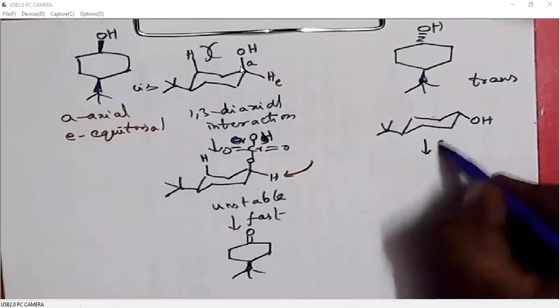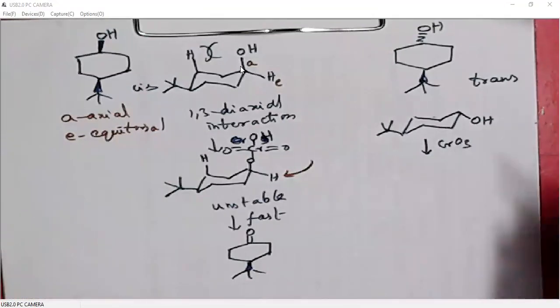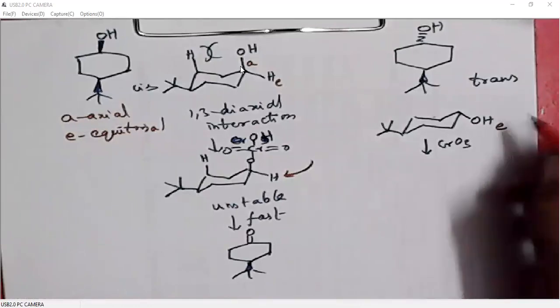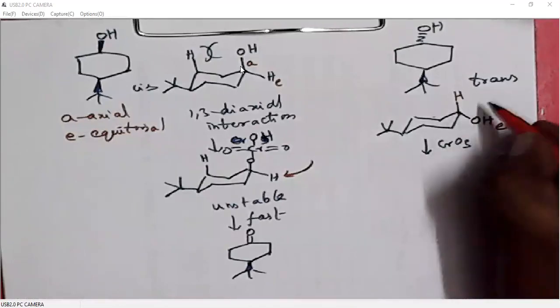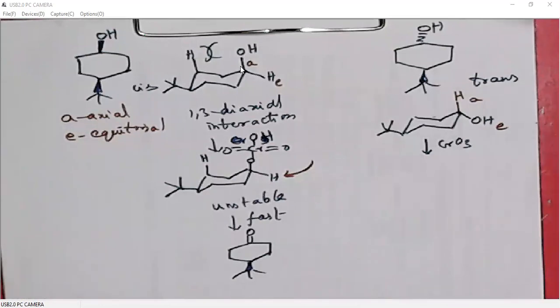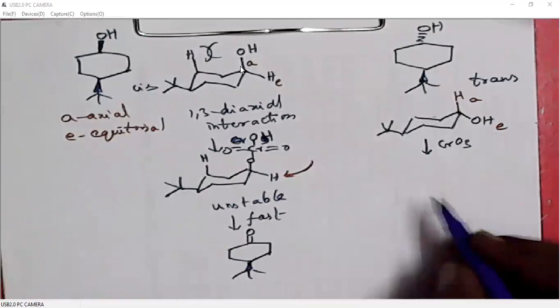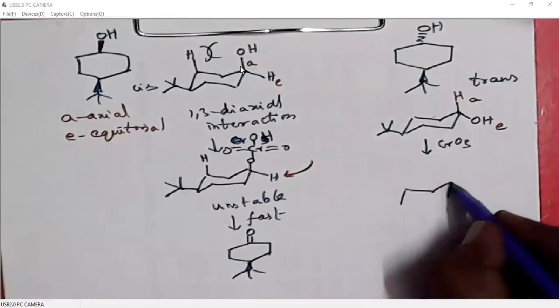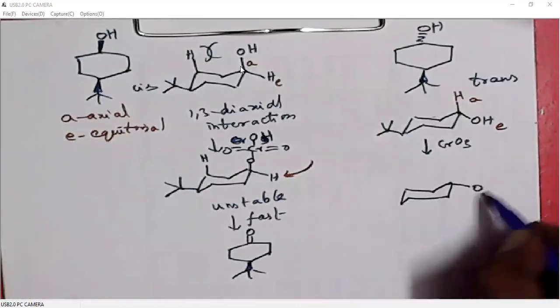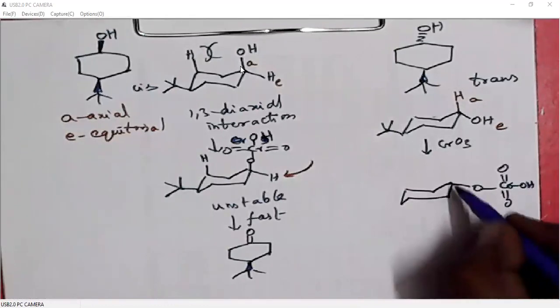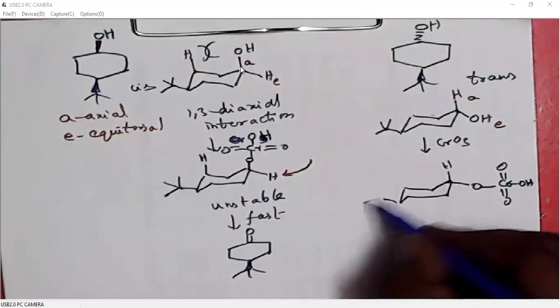When we oxidize this with chromium trioxide, this OH group is now in the equatorial position, so it doesn't feel 1,3-diaxial interaction or any steric crowding. So it forms a stable chromate ester.